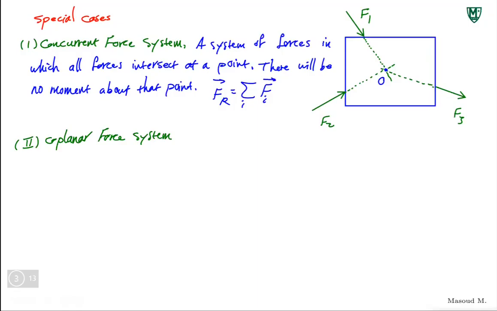And because it's not special case one and the lines of action do not intersect at a specific point, obviously you're going to have a resultant moment. But something you probably notice about this is that Fr, the resultant force, and Mr, the resultant moment, are going to be mutually perpendicular.